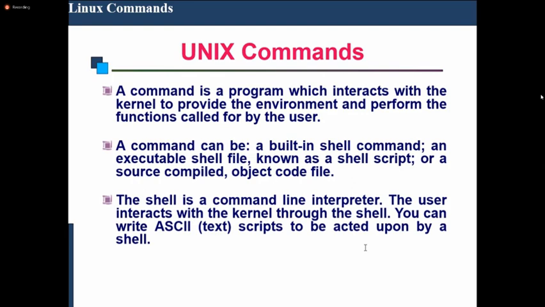Object code. You have the object file as well. So in other languages also, you write the source code, then you compile the project, then you create the executable file, right? So those are the things which are there in Linux also.